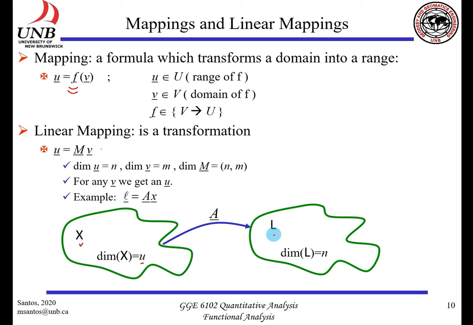Here we have a space L of observations with dimension n, number of observations. And what this expression tells us is that we are transforming a vector x in the parameter space into a vector in the observation space by means of A, which is basically a linear mapping.